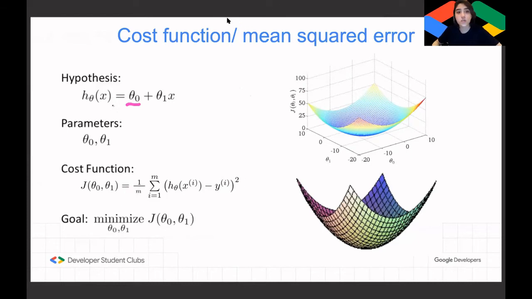If we use this hypothesis function with the intercept as well as the gradient, then we end up with a 3D curve called a convex function or a bowl-shaped function. With this, the value of our cost function is just the height of the function above the axis here. So our goal is just going to be to minimize that.